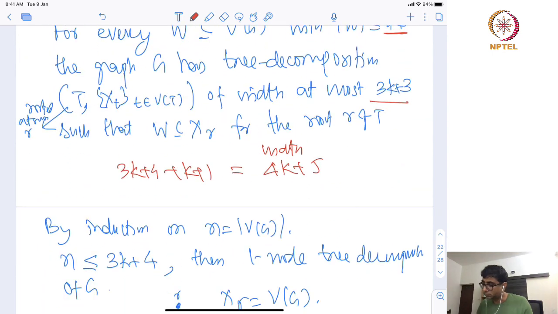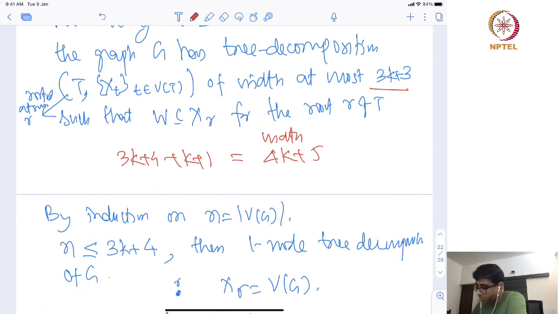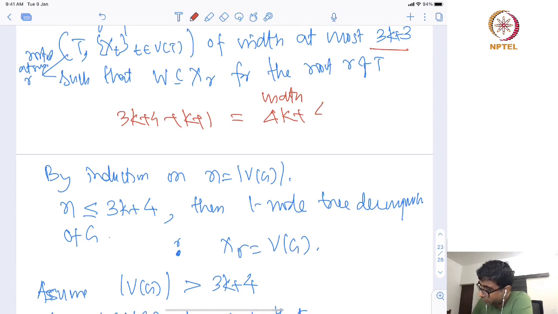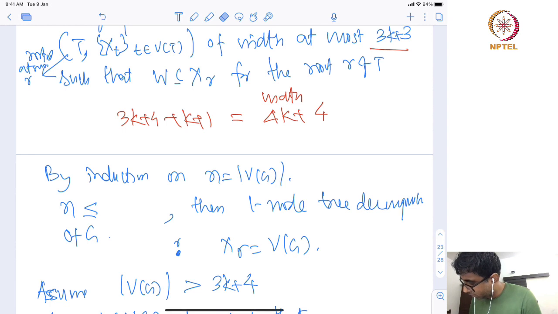Okay. So again my step will be that if the number of vertices is less than say 4k plus 4, so now we are going to replace this item: if n is less than or equal to 4k plus 5, then one node tree decomposition.